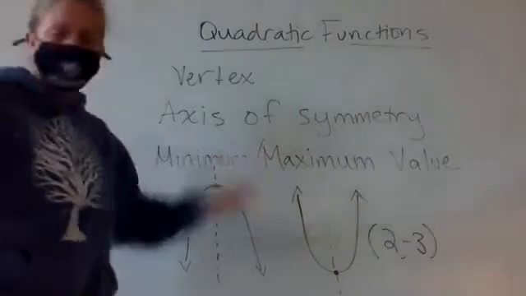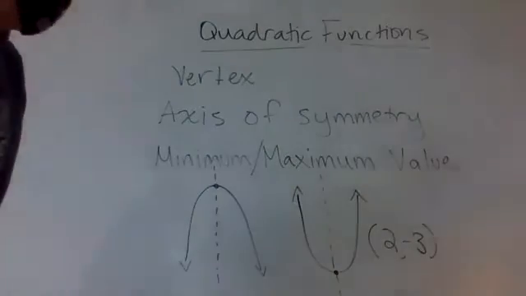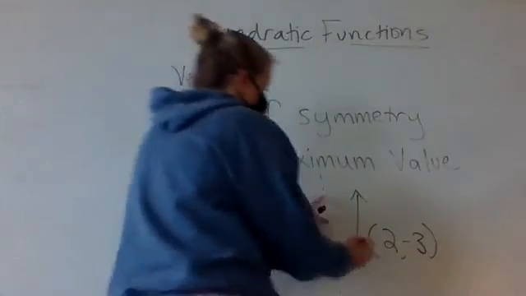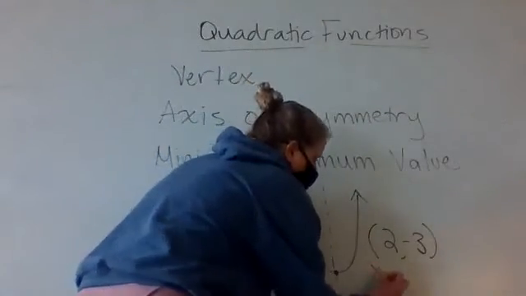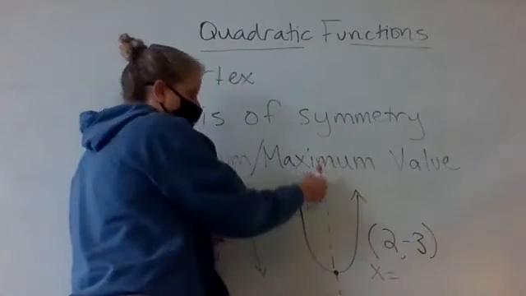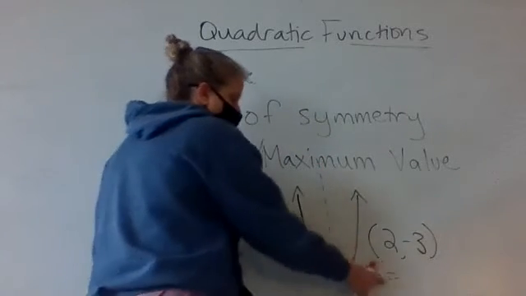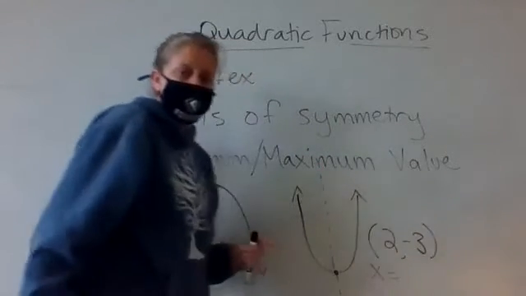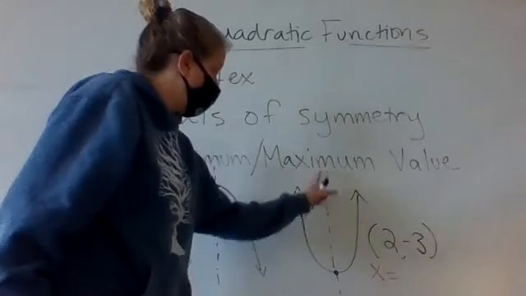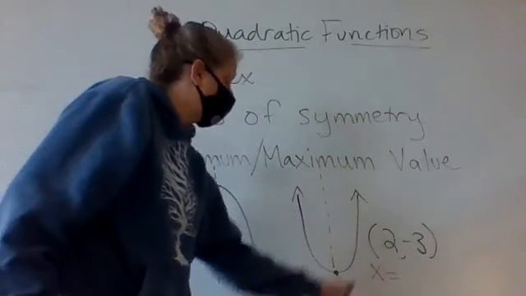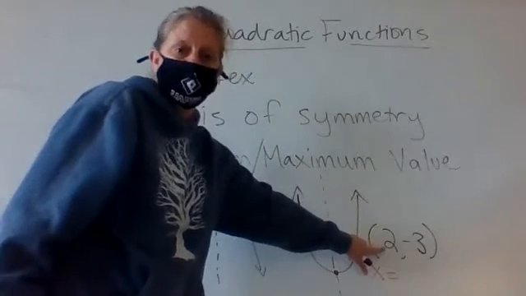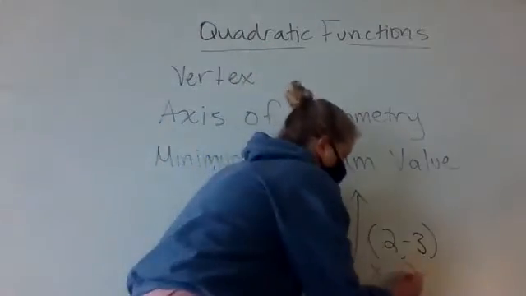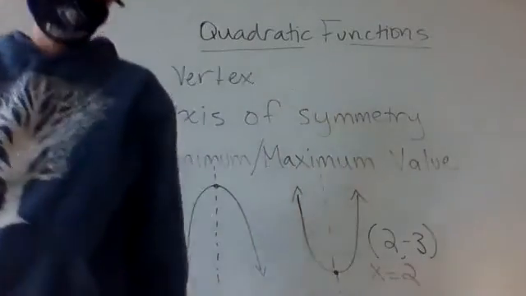The line of symmetry is always going to be x equals, right? All vertical lines come in the form x equals. The line that cuts this in half is going to be x equals whatever the x coordinate of your vertex was. So that one would have been x equals 2.